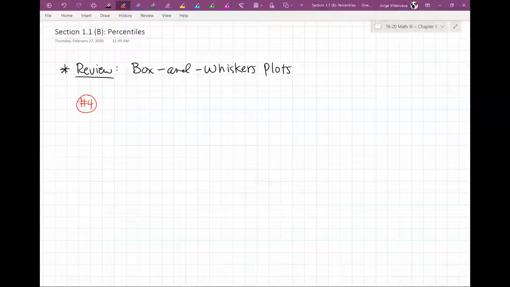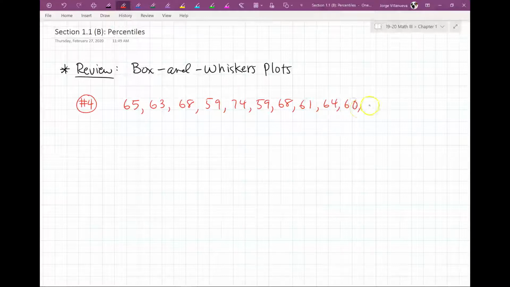So they say the following data represents the height in inches of 14 students in Ms. Warner's math class. So I'm going to write them down: 65, 63, 68, 59, 74, 59, 68, 61, 64, 60, 69, 72, 55, and 64.